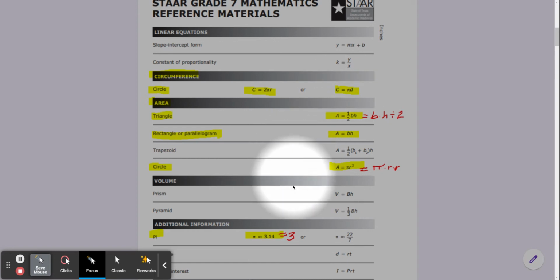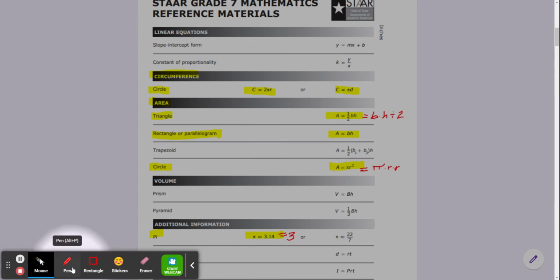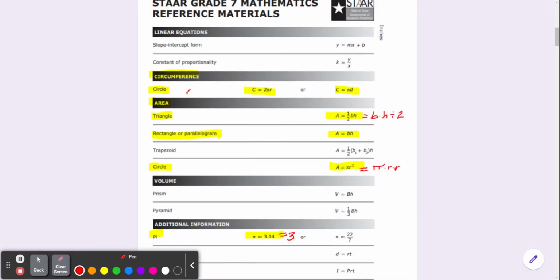And remember that pi is 3.14. And remember that circumference means around. So if you see that word circumference, they're asking around the circle.